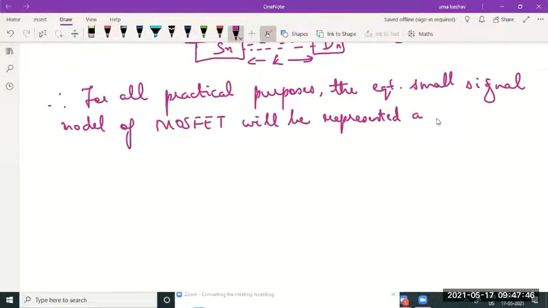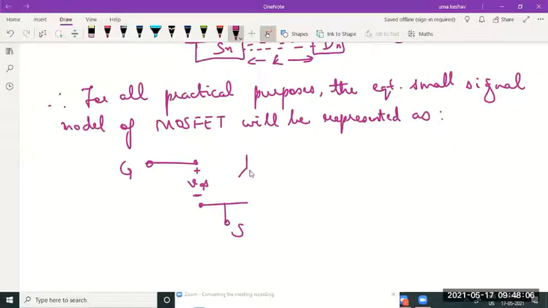This is the model which we are going to consider in our analysis. So between gate and source, we don't have anything. I'll call this the source terminal. Here we'll only be connecting the input voltage. So between the gate and source, we'll give the input voltage.